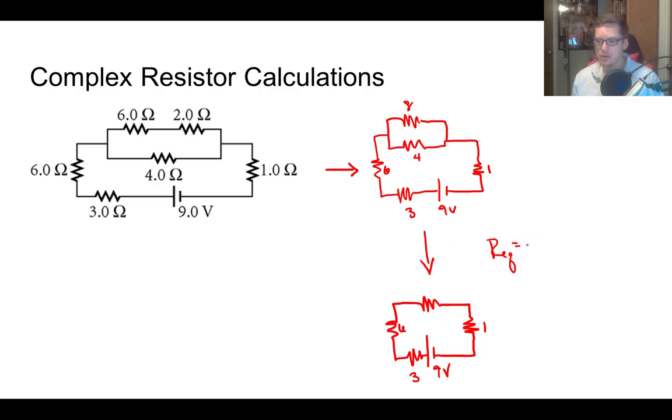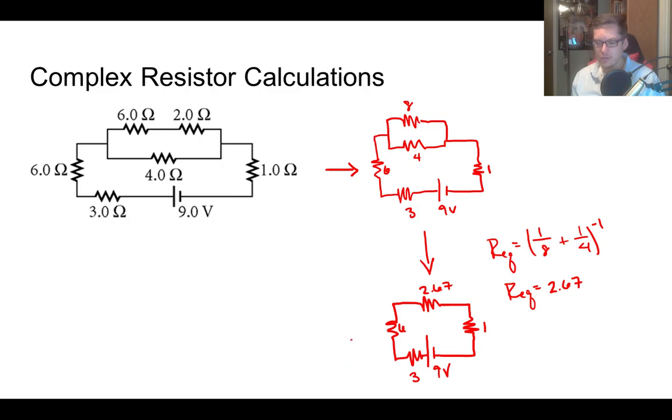These were in parallel, so now we have to say, this is equal to 1 over 8 plus 1 over 4, and the inverse of that. So the REQ for this little subsection, that parallel component, is equal to (8 inverse plus 4 inverse) in parentheses, inverse of the whole thing. So 2.67. All right, so this guy's 2.67.